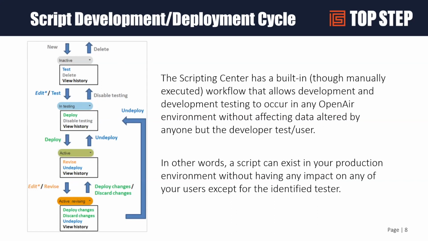So for example, if you built a form script and identified yourself as the tester, say you built a form script on a project. When you go into a project and save something, that form script gets triggered and does whatever you've told it to do. When your colleague goes into that project or any project form and saves it, that script has no effect. It doesn't do anything because they were not identified as the tester.